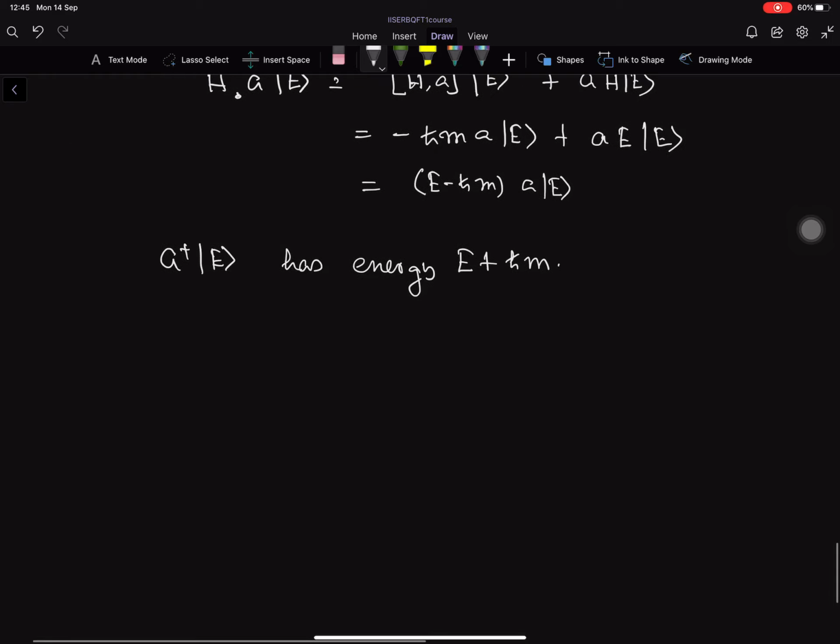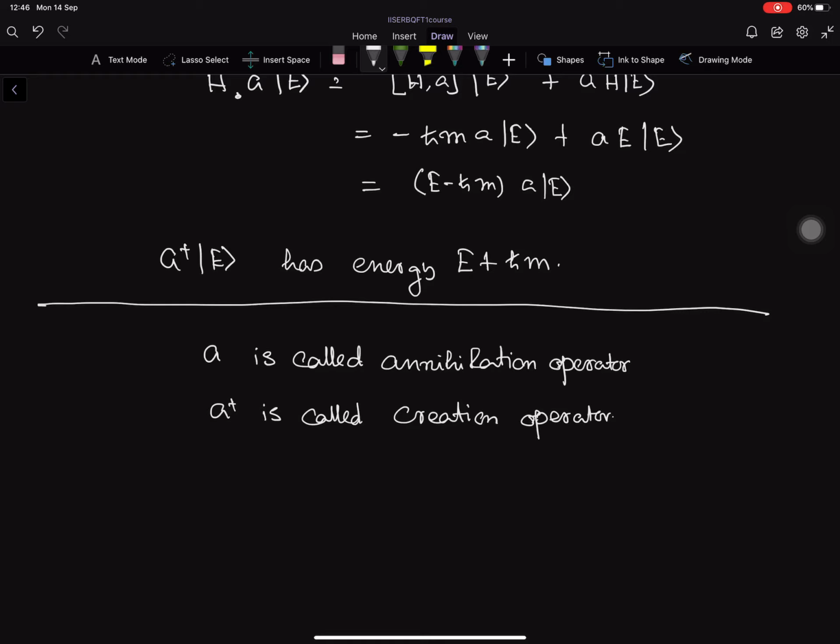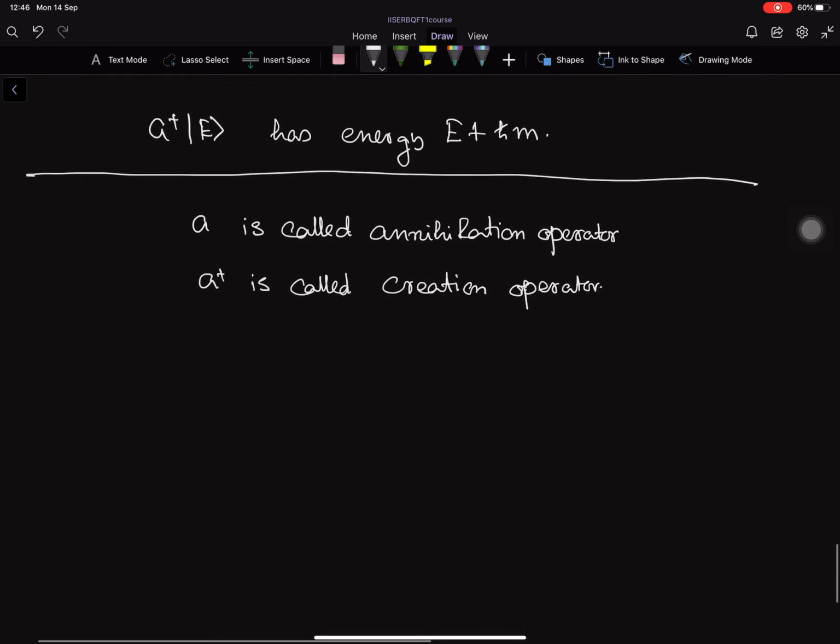Okay, that's why A is called the annihilation operator, as if it annihilates energy. And A dagger is called the creation operator. Okay, you probably studied this in your quantum mechanics course.